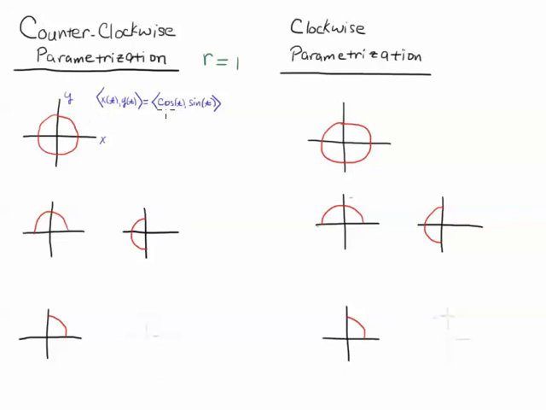So notice that if t is 0, then you start here at this point, and this is where x is 1 and sine is 0, and then notice that if t works its way up to 2 pi here, so for example when t is pi over 2, then cosine of pi over 2 is 0, sine of pi over 2 is 1, and you've worked your way over here to this point.